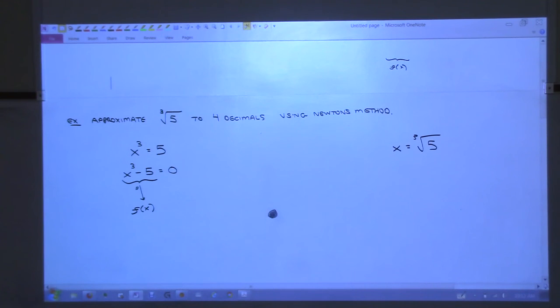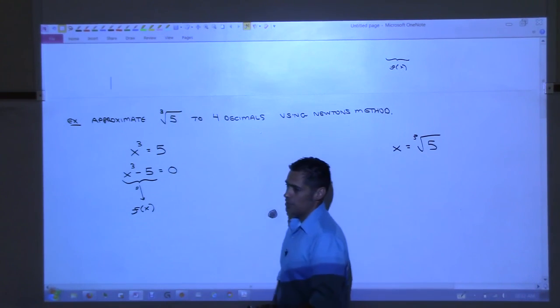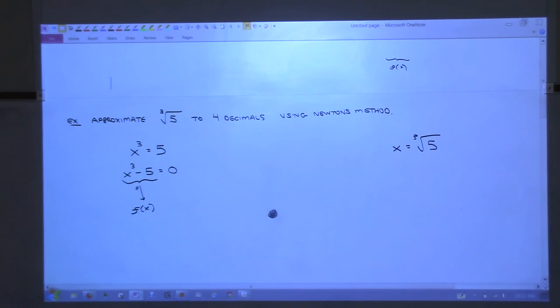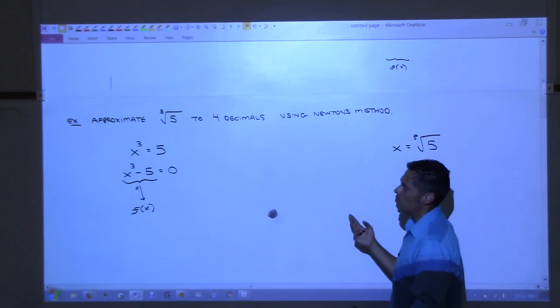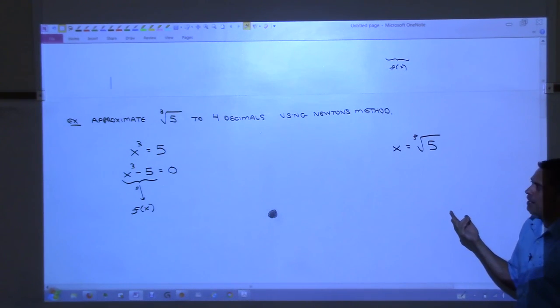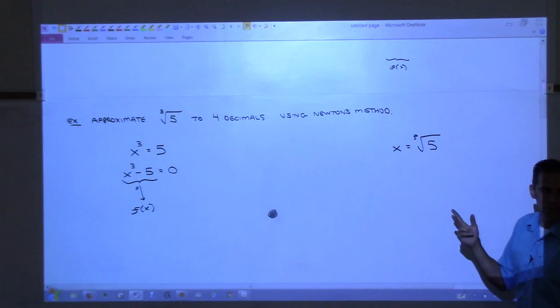Got it? Now, do we have a guess as to what we think the answer is? Close to... What's the cube root of 1? Would be 1. What's the cube root of 8, I guess is what I'm getting at? Would be 2.